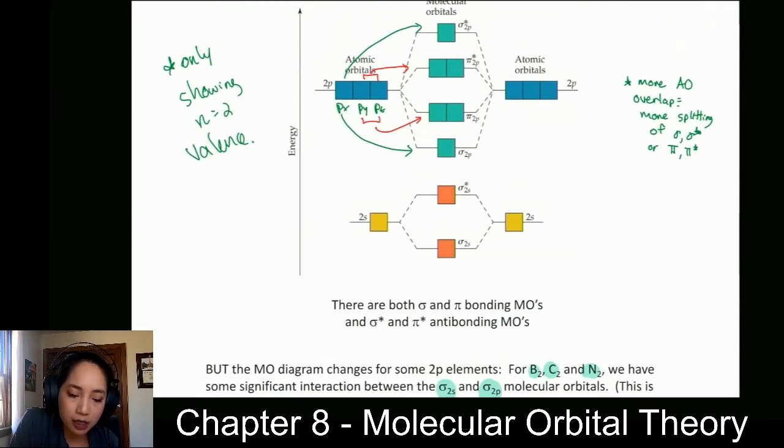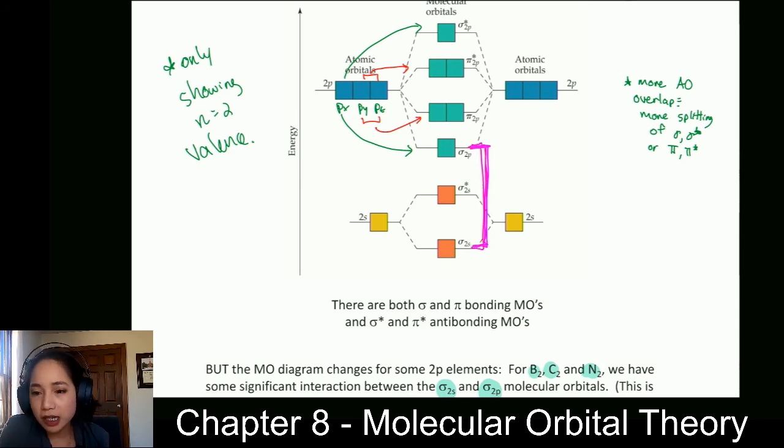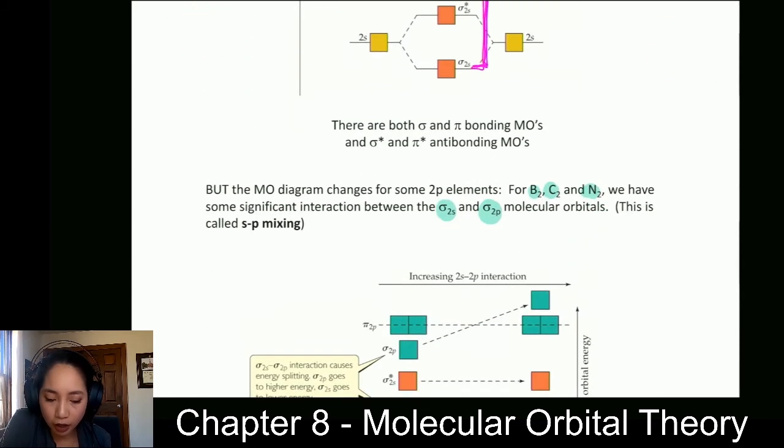So for boron, carbon, and nitrogen there's significant mixing, and what this does is change the MO diagram for these three diatomic molecules. So these are non-ideal MOs.